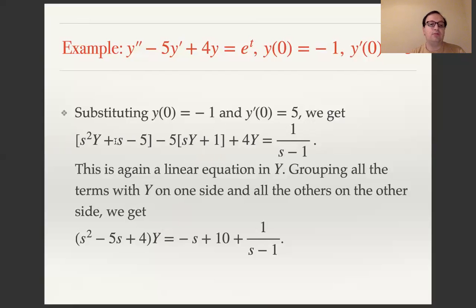So we have an s on the left-hand side, which becomes minus s on the other side. And then we have minus 5 and another minus 5 times 1, so minus 10, which becomes plus 10 on the other side. And plus 1 over s minus 1, which we had already on the other side.